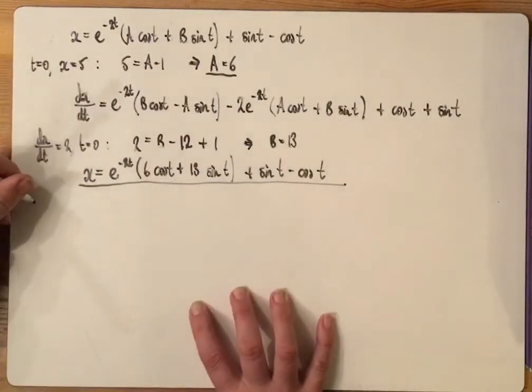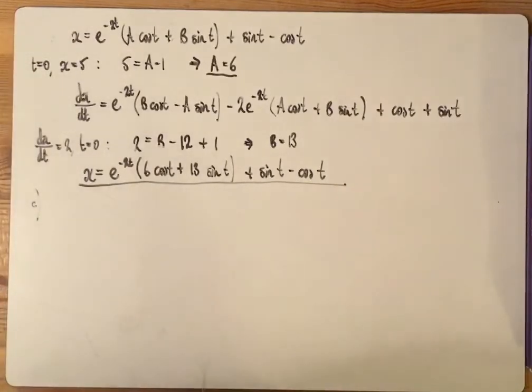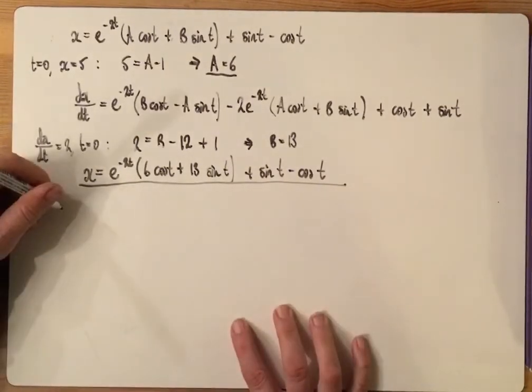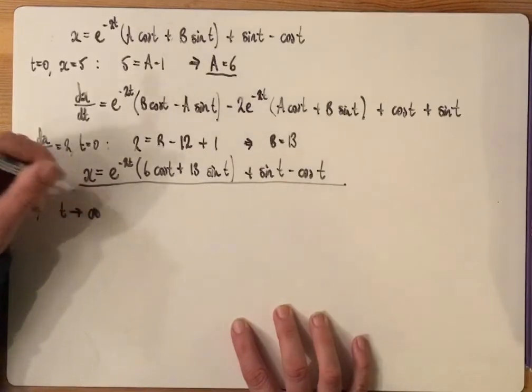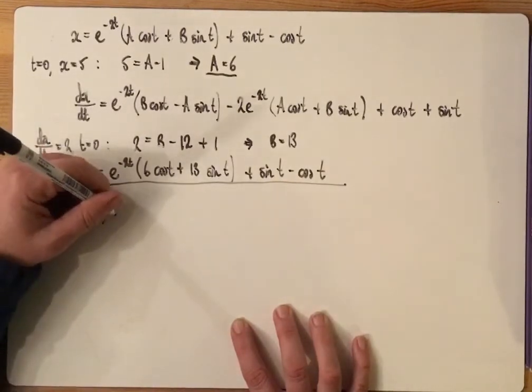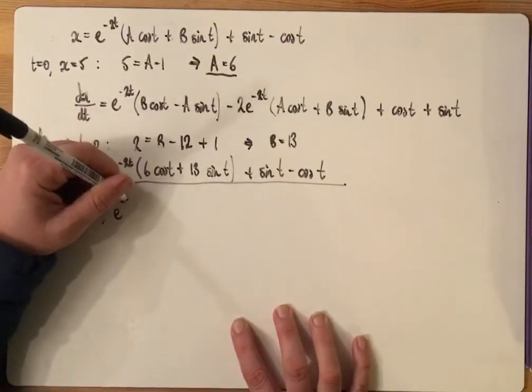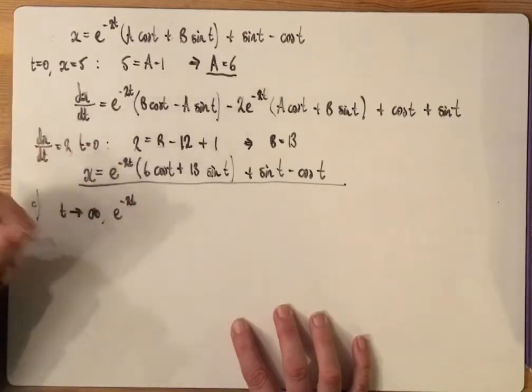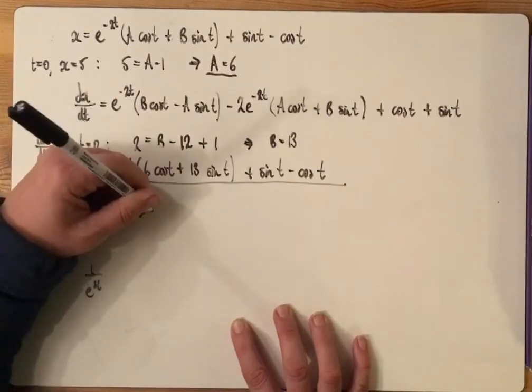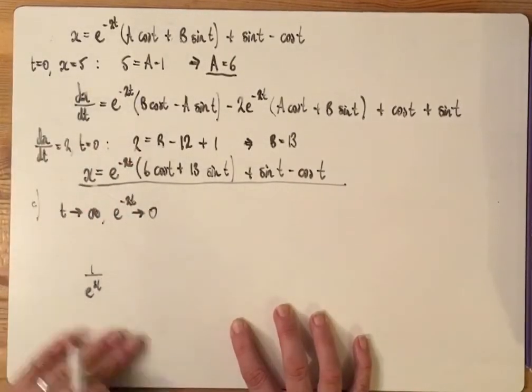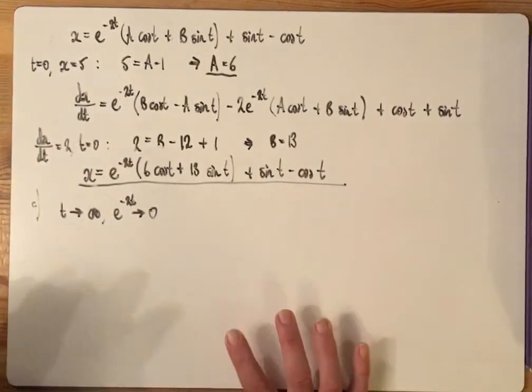So part C of that question was describe the motion when t is large. So t large, we might as well let t approach infinity and just see what happens. So as t gets big, e to the minus 2t, which is 1 over e to the 2t, that's going to approach 0, and at quite a quick rate because it's an exponential function.